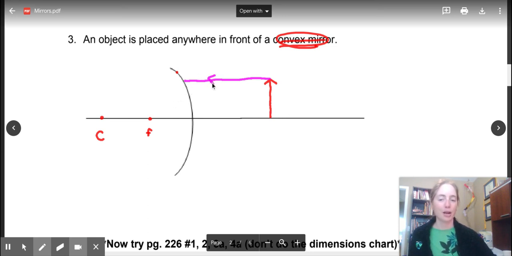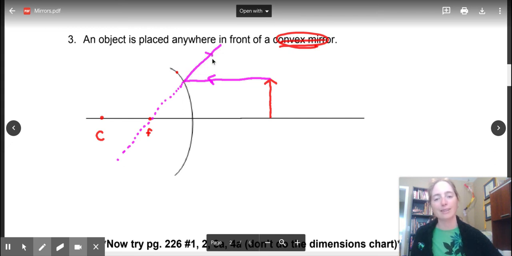Now, remember that with your first rule, it's going to reflect off of the mirror in such a manner that it's going to appear to go through the focal point. So our brain thinks that's what the light is doing. So I'm going to extend that line through the focal point, to show what our brain is thinking is happening, whereas really the ray of light is actually going off that way. So it's going to appear to go through the focal point, whereas really it's going that way.